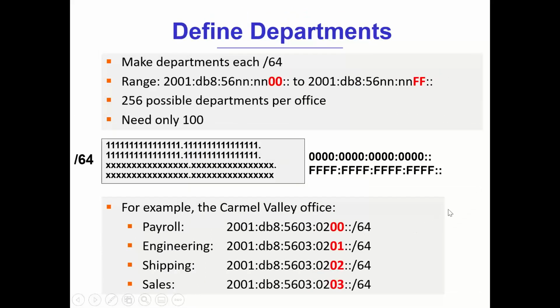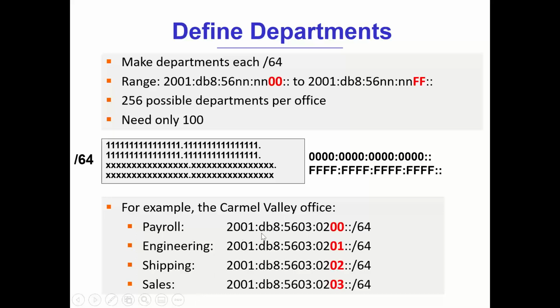And then I say within each office, I have lots of departments. Well, I only have 100. So again, I'm going to make the next part the range. I have 256 possible departments, and I only need 100, so I'm doing pretty good. I've stuck to this /64, and I'm going ahead and putting in my departments.